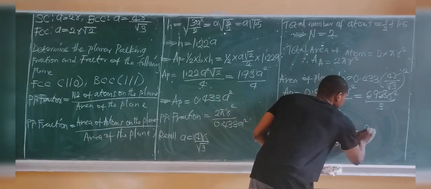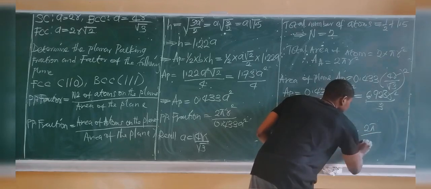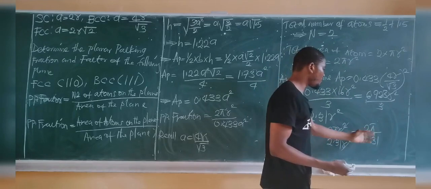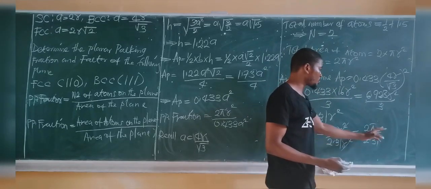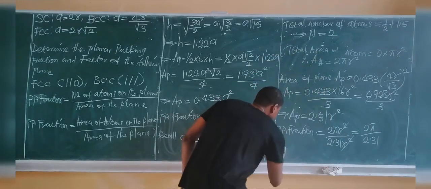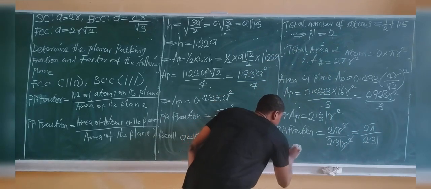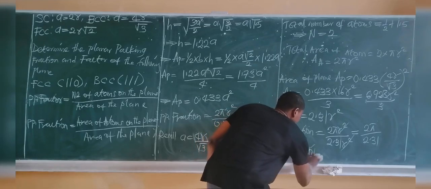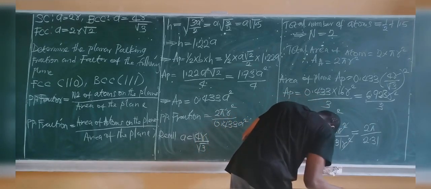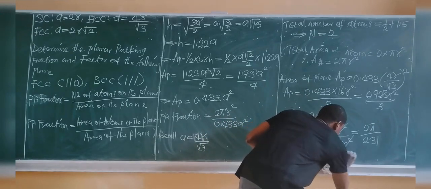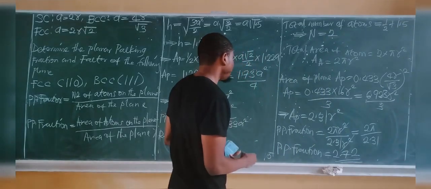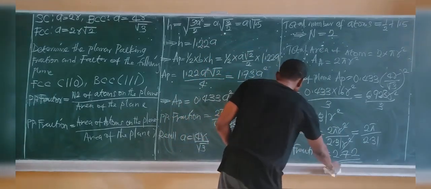You're simply left with 2 pi all over 2.31. Okay, so pi is 3.142. Let's compute 2 times 3.142 divided by 2.31. All right, so that gives us the planar packing fraction to be equal to 2.72. So this becomes the value of the planar packing fraction for that given structure.